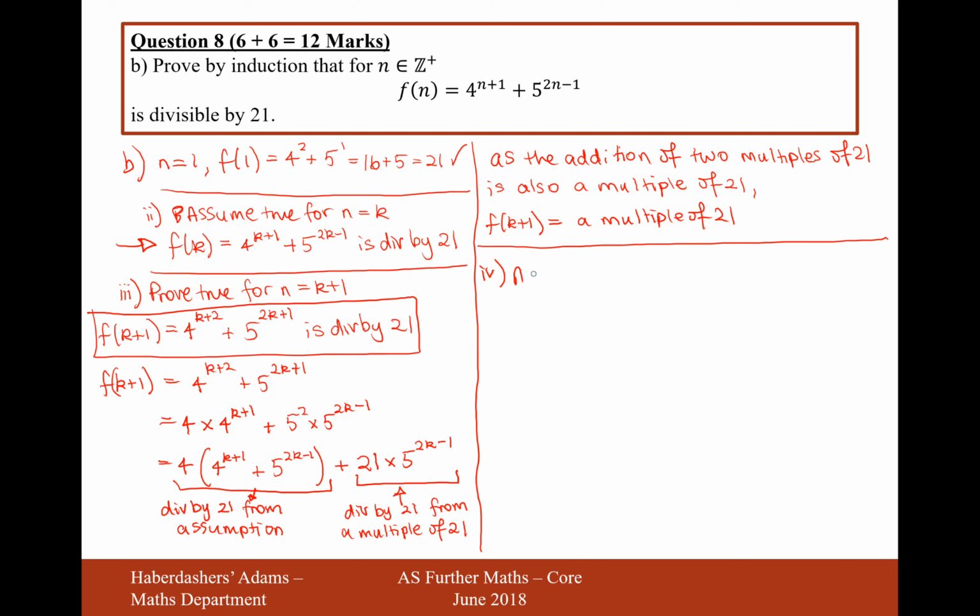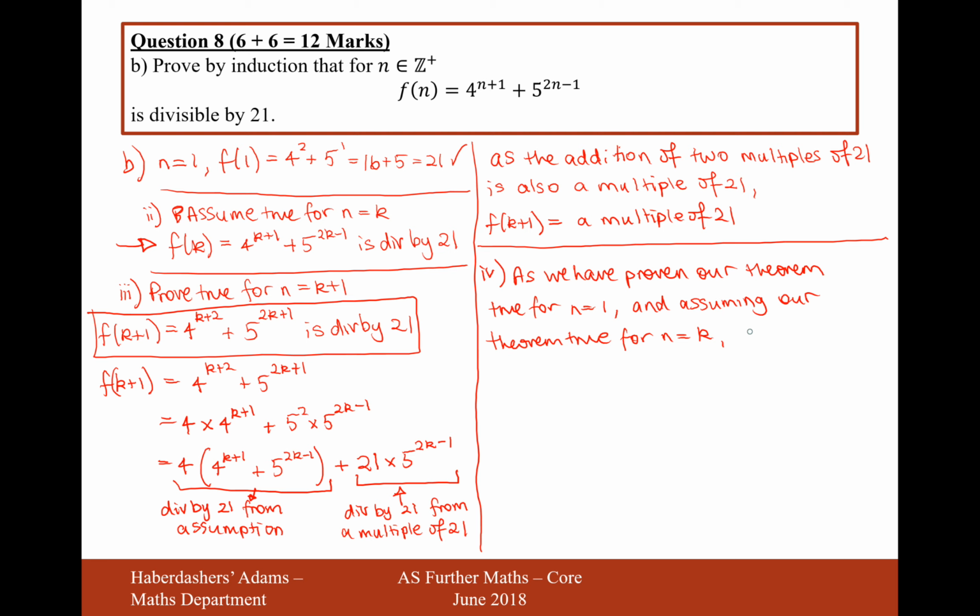So the conclusion is, as we have proven our theorem true for n equals 1, and assuming our theorem true for n equals k, we have shown our theorem true for n equals k plus 1.